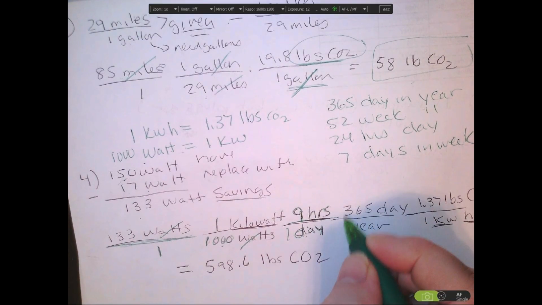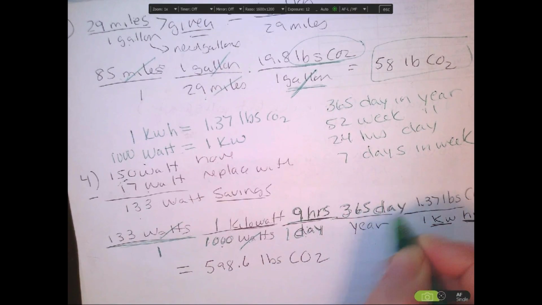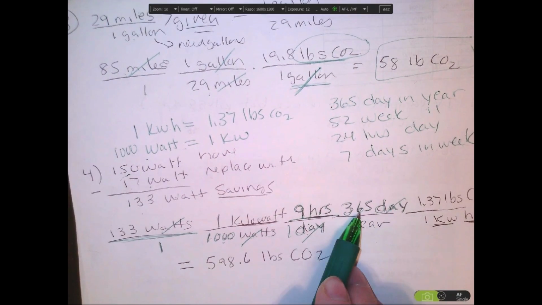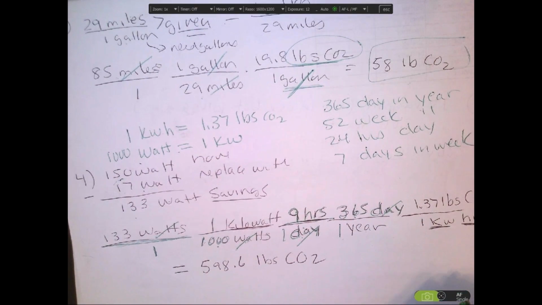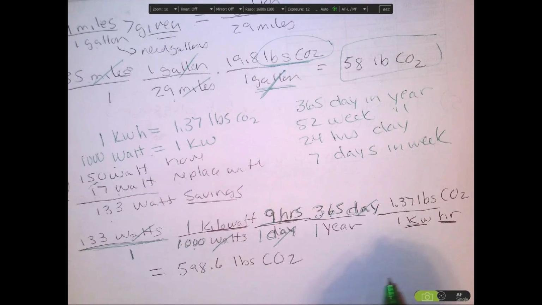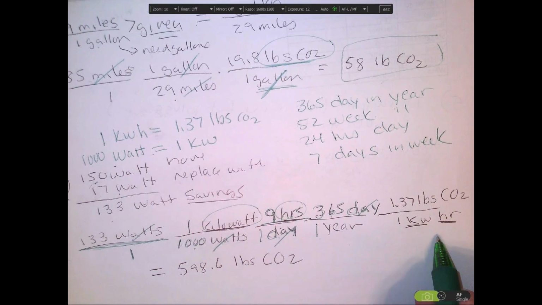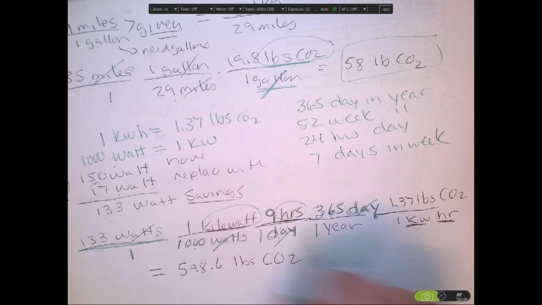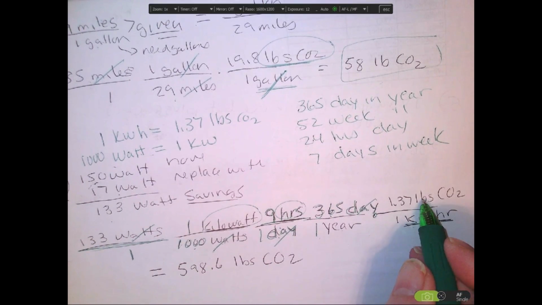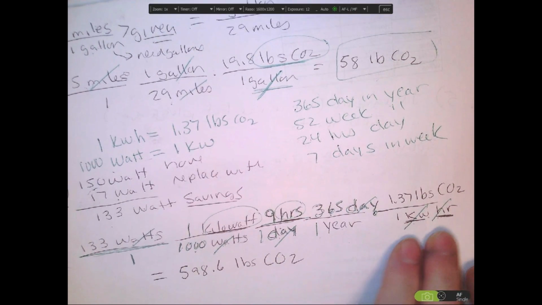But then I've got to convert days to years. Now I need to go to the numerator to cancel the days. 365 days in 1 year. Okay. Now, right now I still have this left. I'm ready for my conversion now because I need kilowatt hours in a numerator to cancel and go to pounds of CO2, and I've got it. Remember, there's two units down here in this conversion.